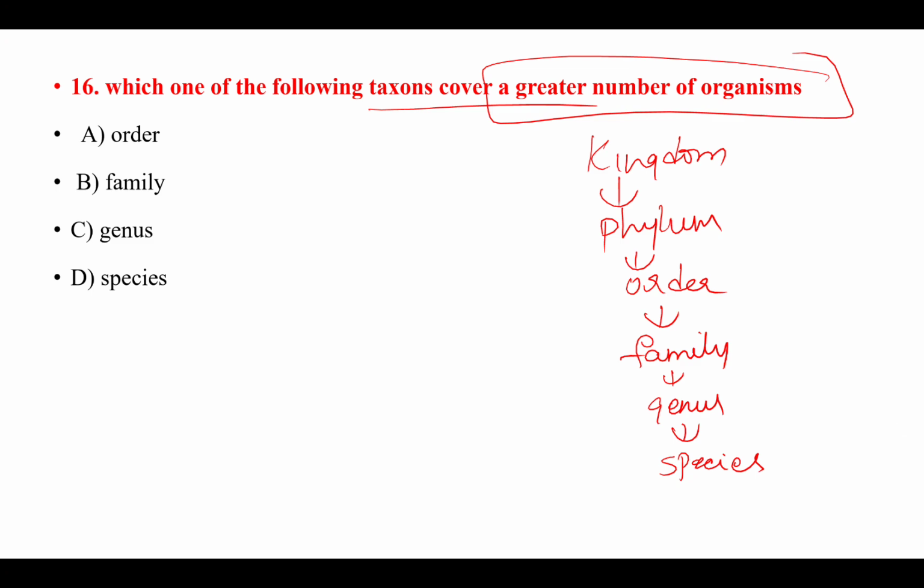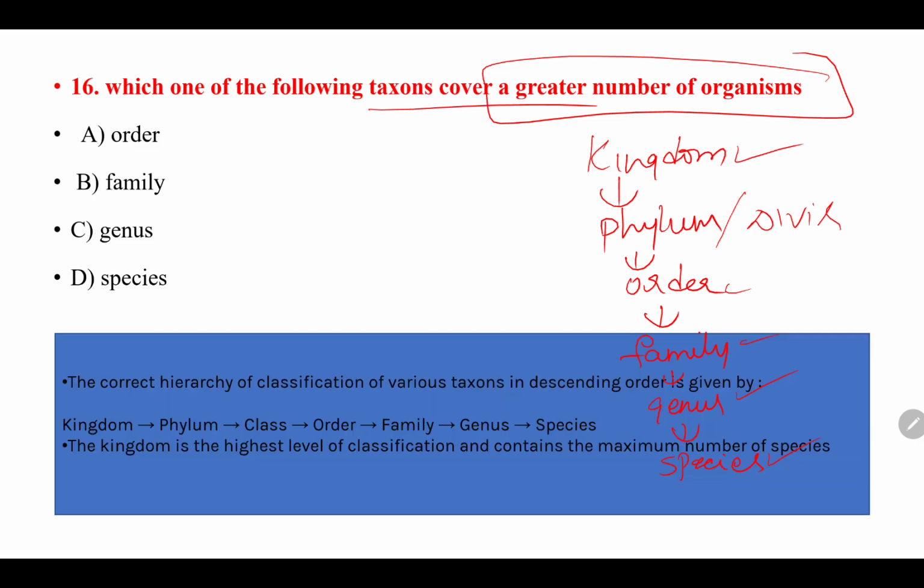In this, kingdom is the highest, which contains the maximum number of species. Next is phylum or division, next order, next family, next genus, next species. So, here, out of these four options, the greater number of organisms are present in order, right? So, option A.